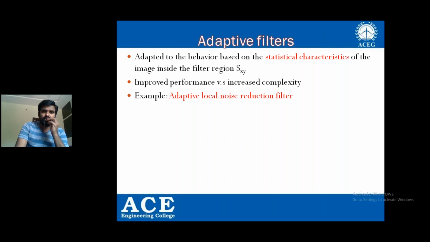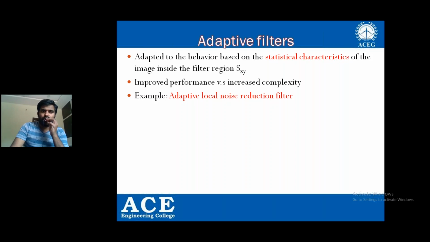S xy is the region we select for the operation, called the filter region S xy. There are two types of restoration: deterministic and statistical procedures. One statistical procedure uses adaptive filters, adapted to the statistical characteristics of the image inside the filter region. I'm not going to discuss this much, as it is not in your curriculum.